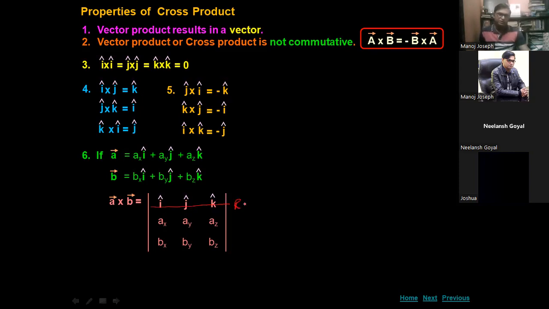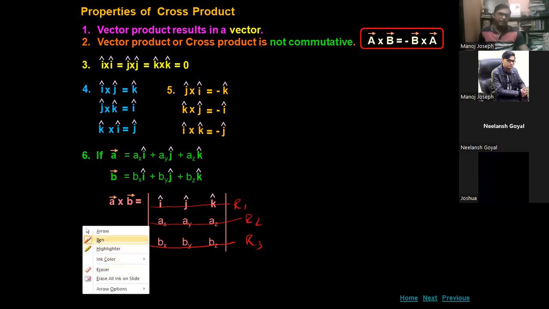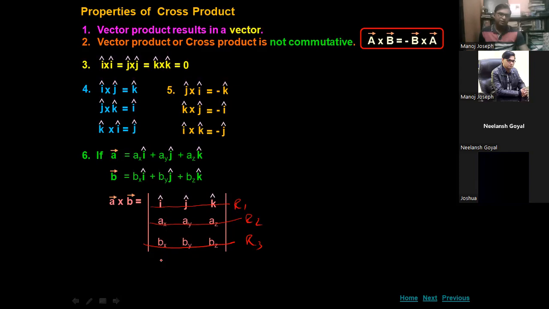These are called rows: row 1, row 2, and row 3. And similarly, we have columns: column 1, column 2, and column 3. So 3 rows and 3 columns are there.